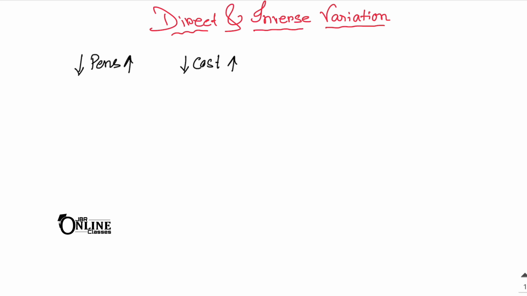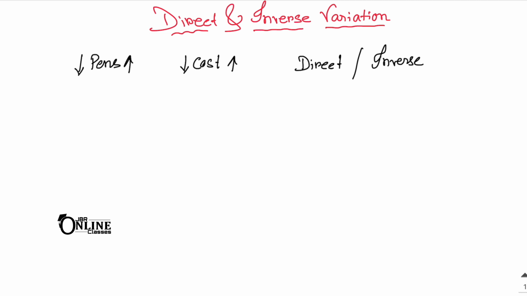So there are a total of two types of variation. The first one is direct variation, and the second one is inverse variation. So what is direct variation? Two quantities are said to vary directly if the increase or decrease in one quantity causes the increase or decrease in the other quantity.